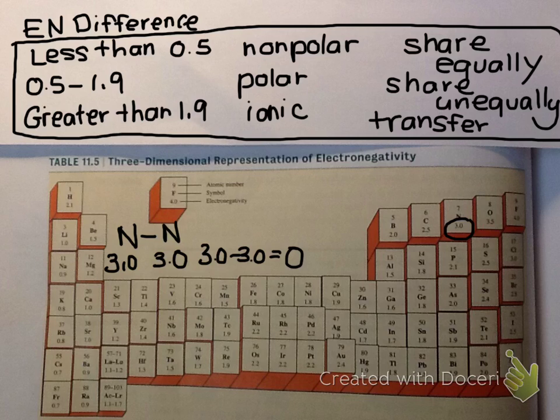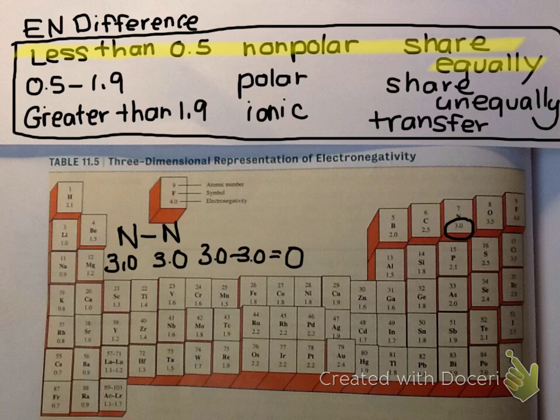So basically, when they have the same electronegativity, they are equally pulling on those electrons and have equal attractive forces. So we get the case where the difference is less than 0.5, and this is what we call a nonpolar bond that shares equally. So if you have a difference of less than 0.5, your bond is nonpolar, and the word nonpolar means that they're shared equally within that bond.